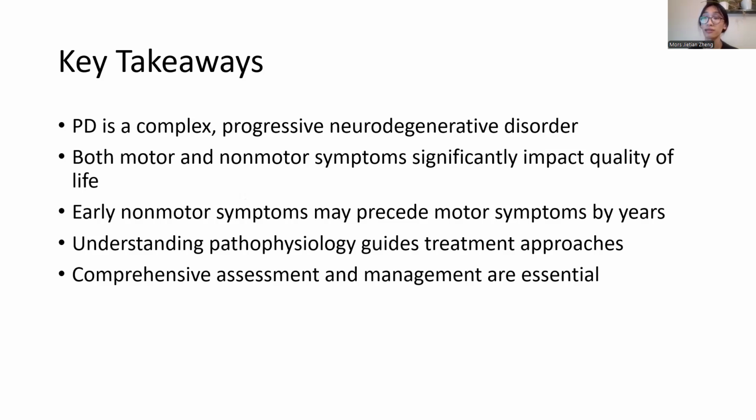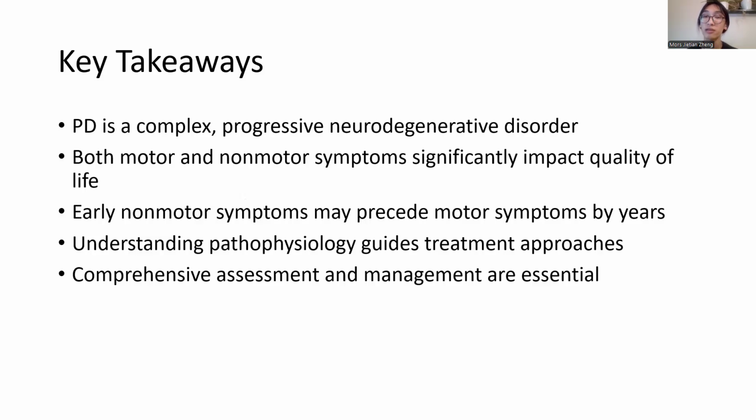Third, understanding the underlying pathophysiology, the progressive spread of alpha-synuclein pathology through the brain in 6 stages, helps explain the diverse symptoms and guides treatment approaches. Fourth, the disease follows recognizable patterns of progression, though individual variation is considerable.